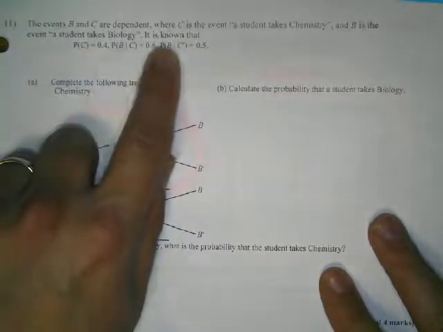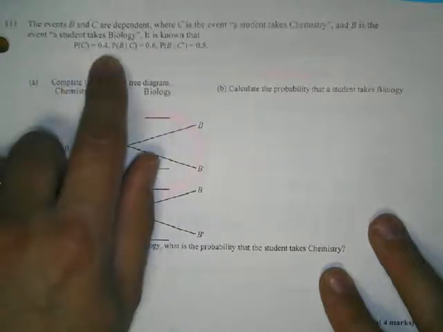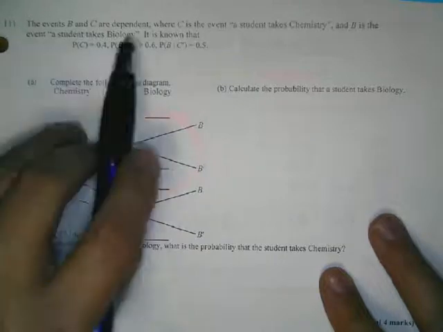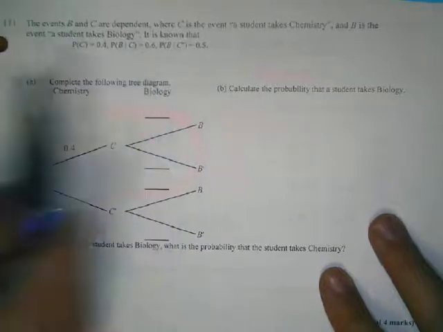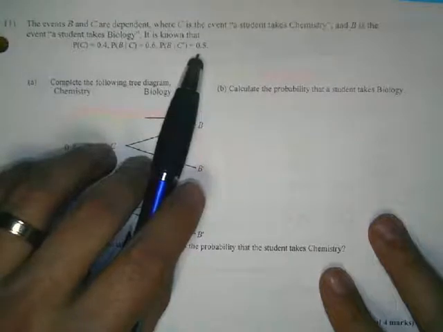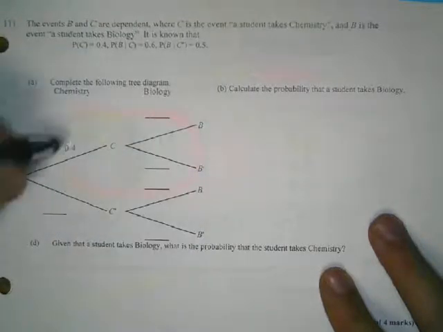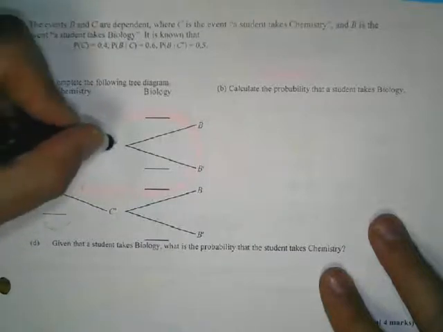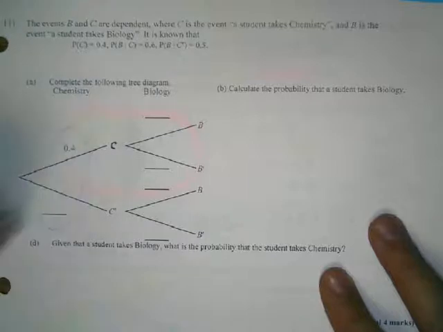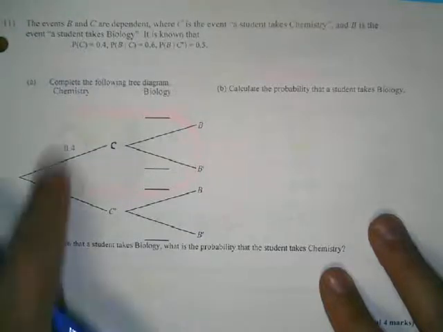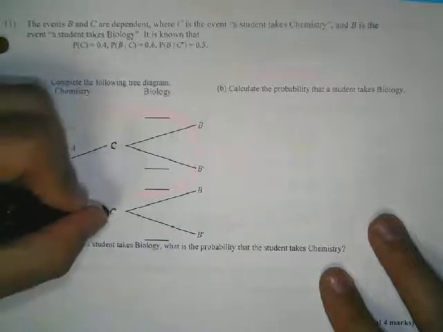It is known that C is 0.4, B given C is 0.6, and B given C prime is 0.5. Okay, so first of all, these two fractions here have to add up to 1. So if C is 0.4, this here is going to have to be 0.6 because they add up to 1. And this is C prime.